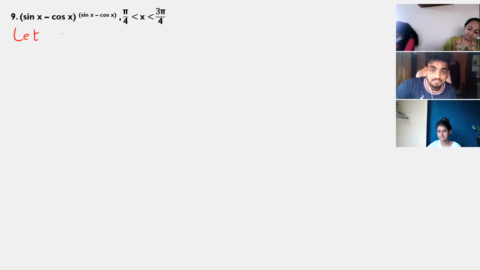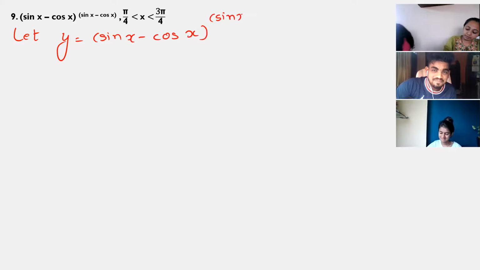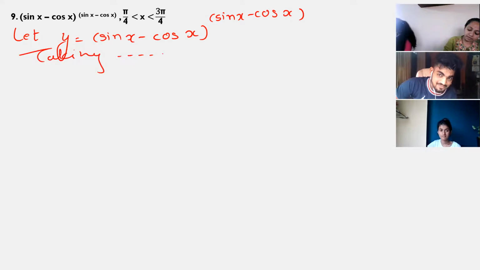Let y is equal to sin x minus cos x to the power sin x minus cos x. I can see that the x variable is there in the power. That means I have to apply log, taking logarithm on both sides.